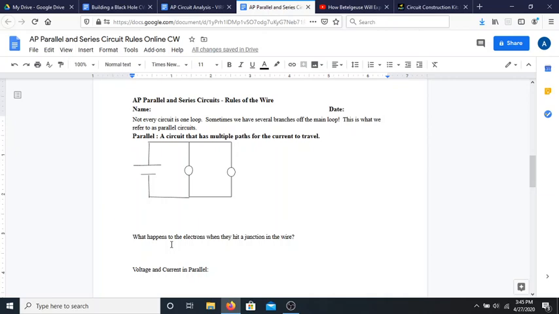So in this case, that's exactly what happens. So what happens to the electrons when they hit a junction in the wire? They pick a path, you can call it a branch if you want, and travel through it. And they pick based on the path of least resistance. All right, or they look for the easiest path.